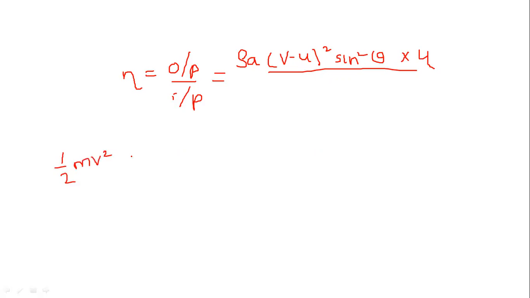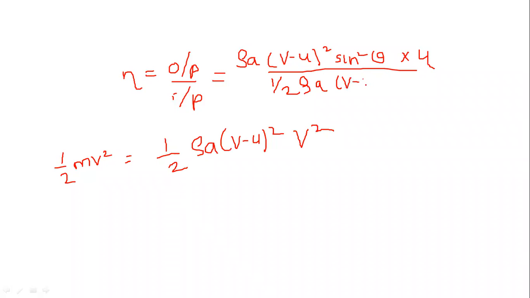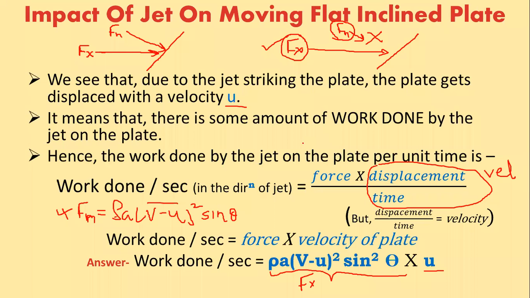Half mv square, where m is nothing but mass per second, that is rho A (V minus U), into capital V square. Sorry, this will not be square. This is rho A into (V minus U).